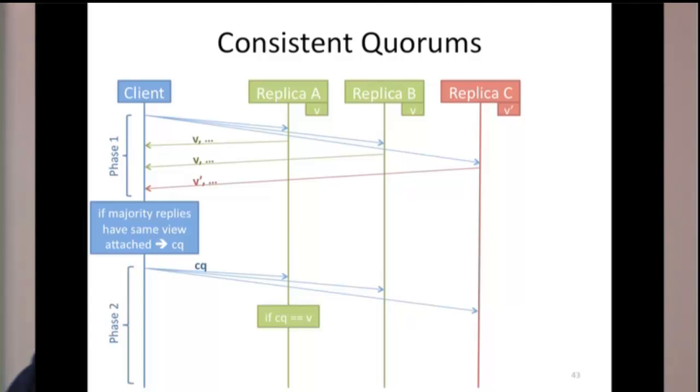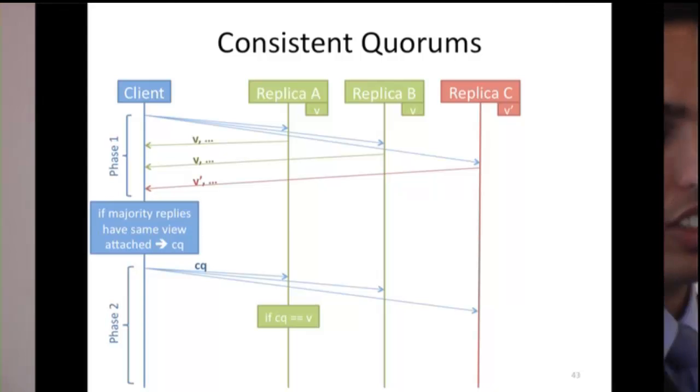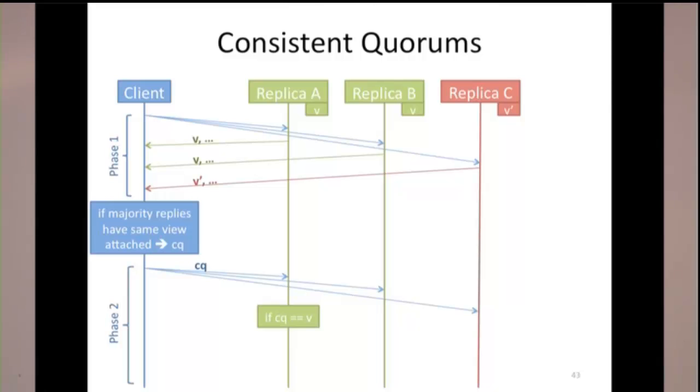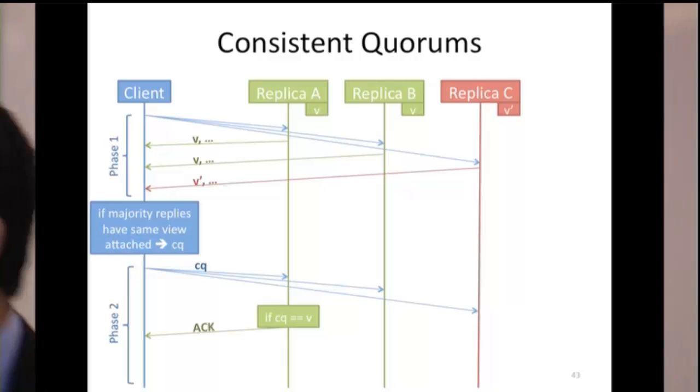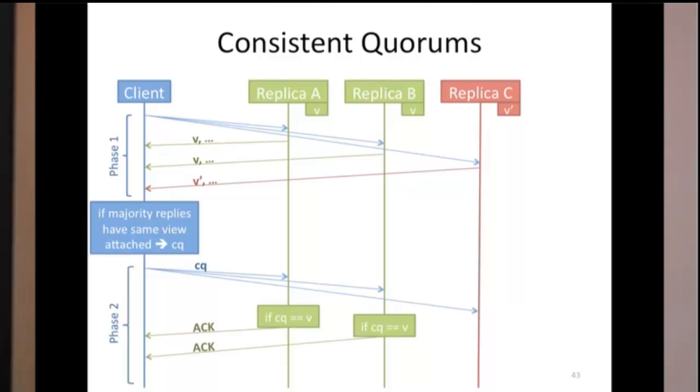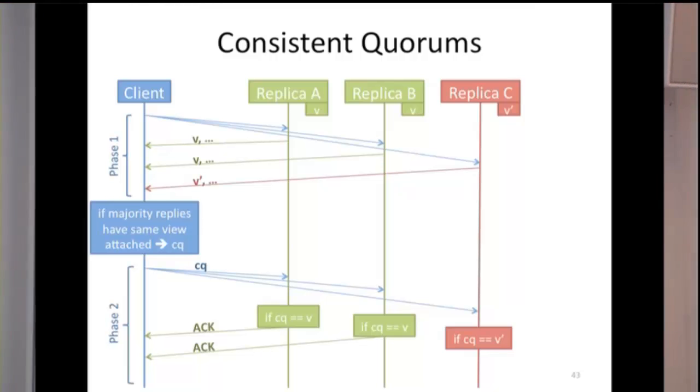The replicas, when they receive such a request, check if their local view is the same as the consistent quorum attached in the request. If it's the same, fine, things are well and good. This replica can reply with an ACK or send back data, like, yeah, things are fine, I have the same view as you. But this one receives the message.